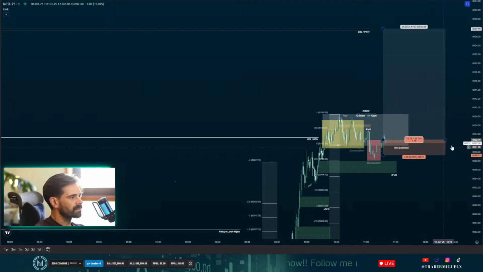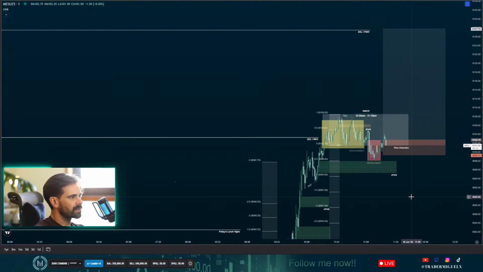I'm just putting the draws in here just to see how this could eventually end. Yeah, but this should not be a trade to get in.